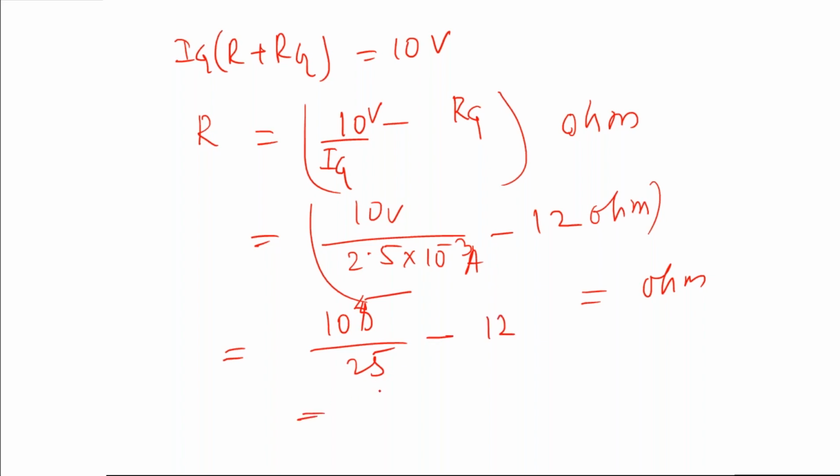So you will get 4000 minus 12, which is 3988. So the answer is 3988 ohm.